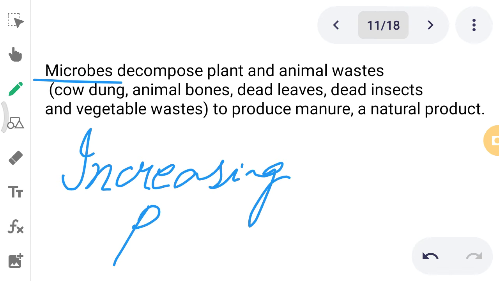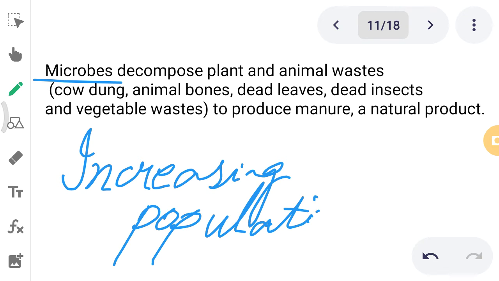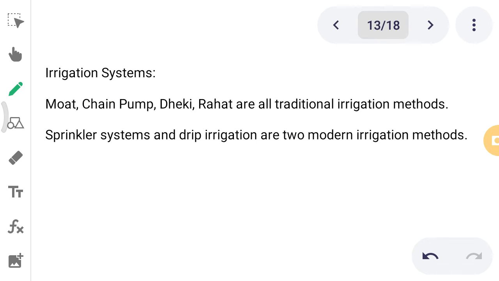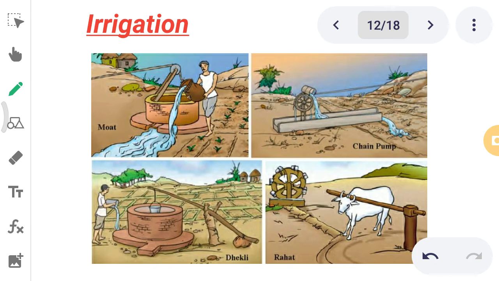Due to increasing population, these chemical fertilizers are being used in order to increase the yield and in order to increase the production. So without any further delay, let us move on to the next topic, that is irrigation.